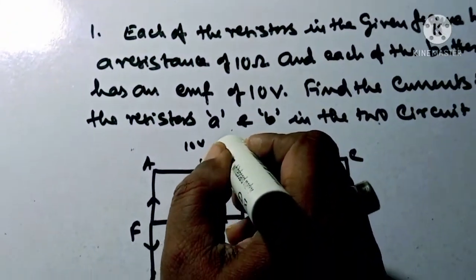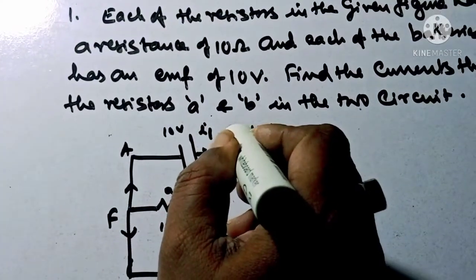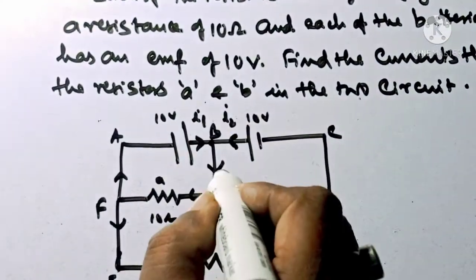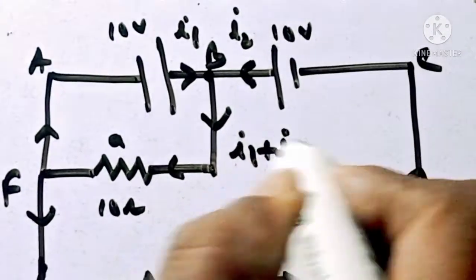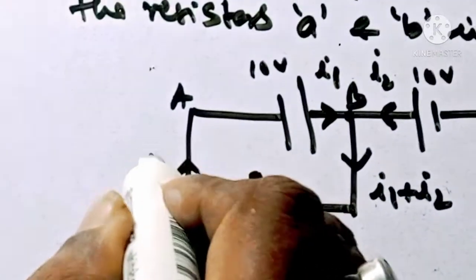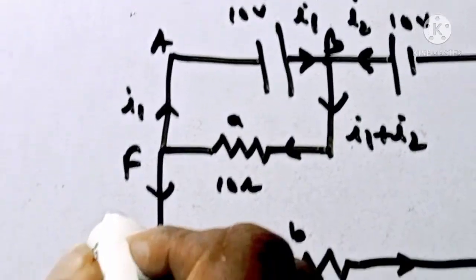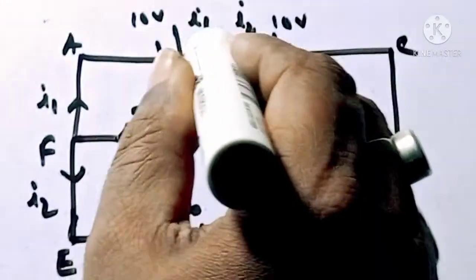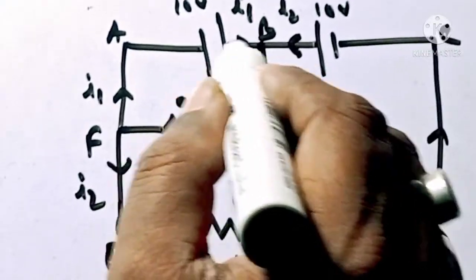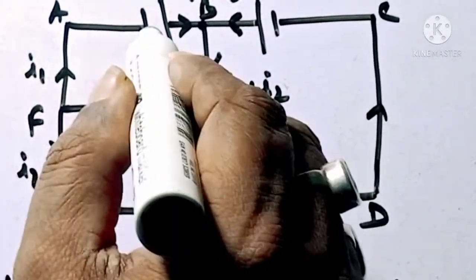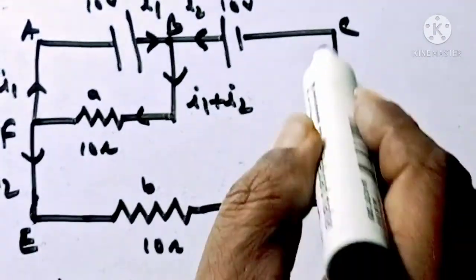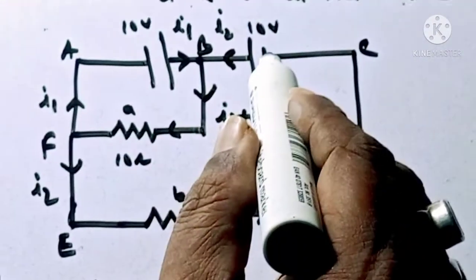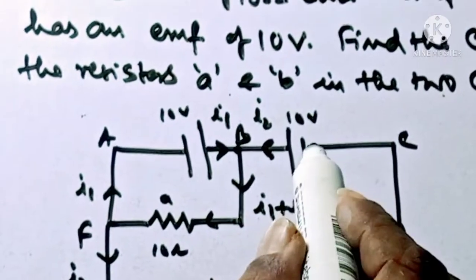Let me take that current I1 is flowing through this and I2 is flowing through this battery. So here the current flowing is I1 plus I2. I1 comes out from this and I1 is entering into this. Here I2 is coming from this and I2 is entering the cell in the battery.